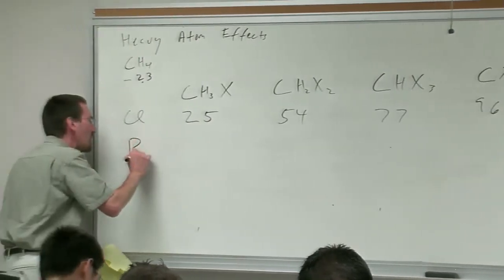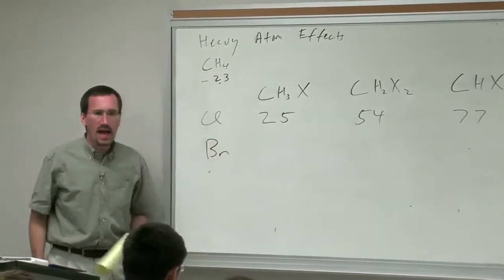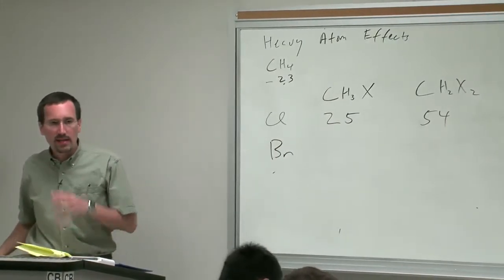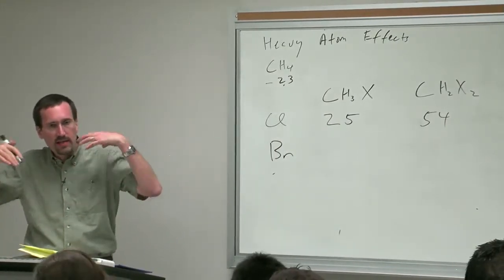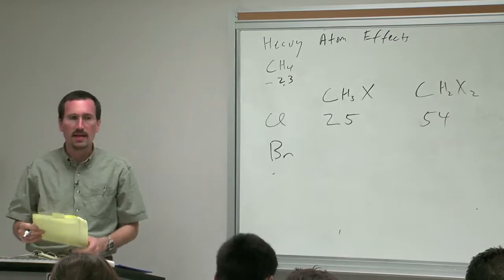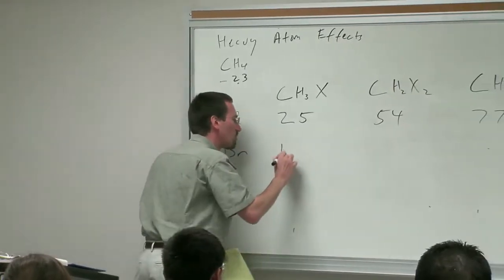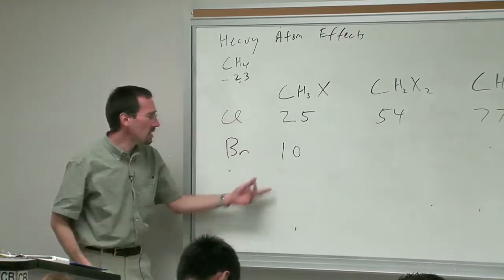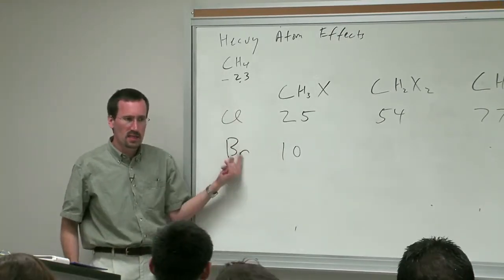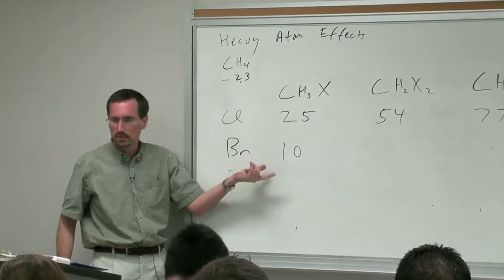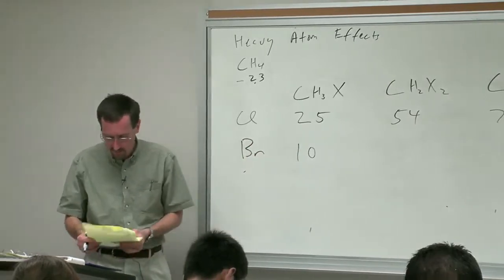Well, if we move down the periodic table, the atoms get bigger, and they start to have d orbitals, and they start to have their orbitals extend outward. And then we see something very surprising. You put on a bromine, and you'd say 10. And you'd say, well, that's not so surprising. Bromine is less electronegative than chlorine. It's going to shift you less further downfield.